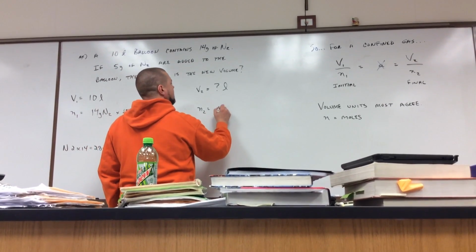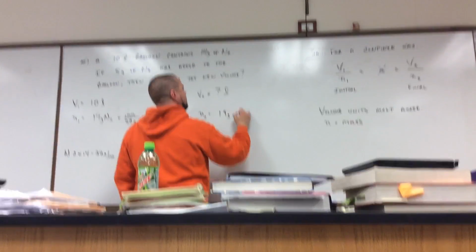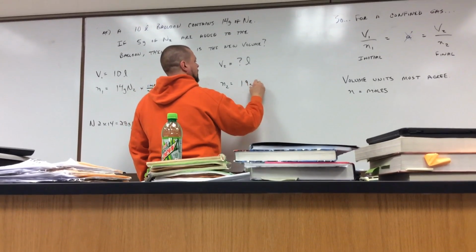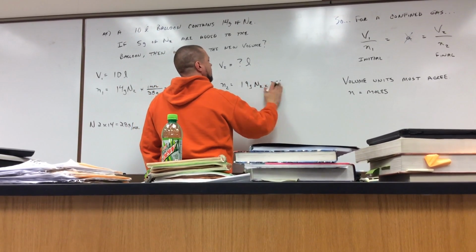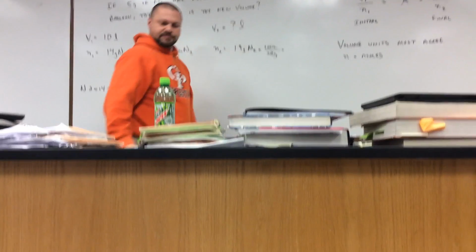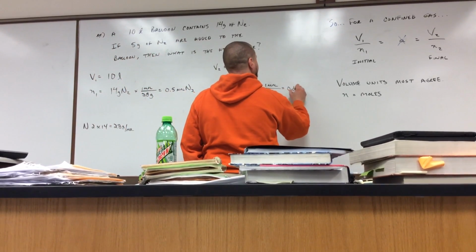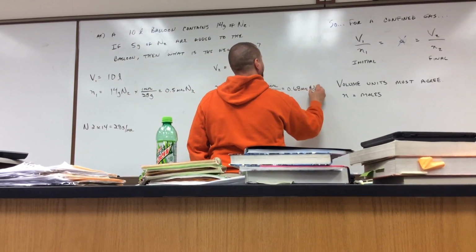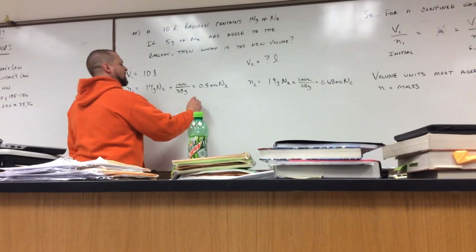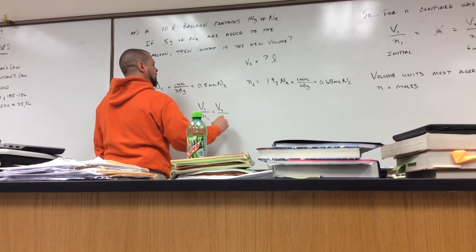You've got the 14 plus the 5, so you have 19 grams of N2 times 1 mole over 28 grams. And then 0.68 moles. So I can solve my equation, V1 over N1 equals V2 over N2.